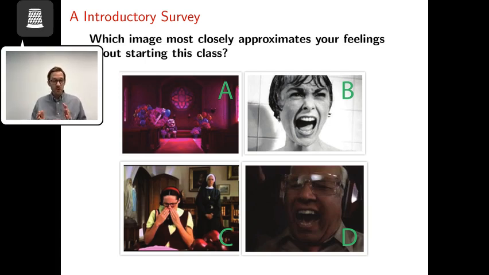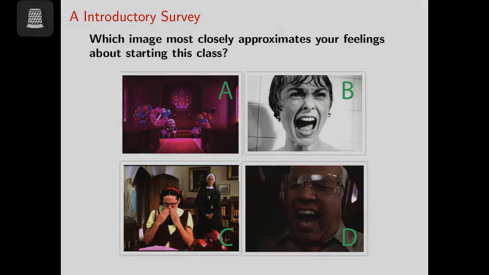C, are you more nervous for being here? This is Molly Shannon, right? When she gets nervous. Or D, are you really happy? And this is Mr. Little Jeans from Rushmore at the end of the play, who's just ecstatic. So it's just to remind you, we're all coming to this space feeling different feelings as we enter into statistics.